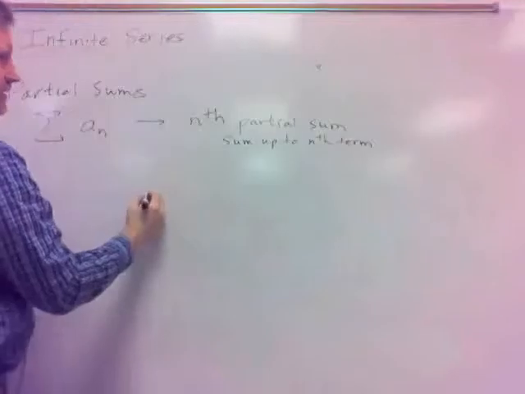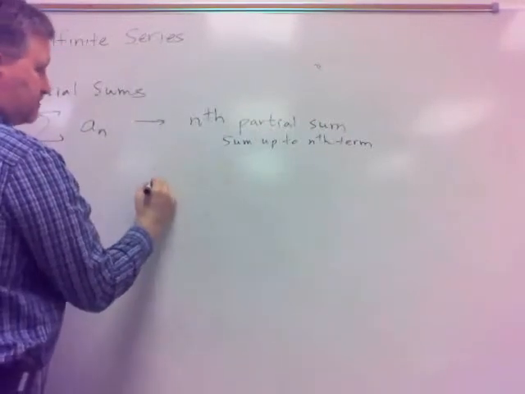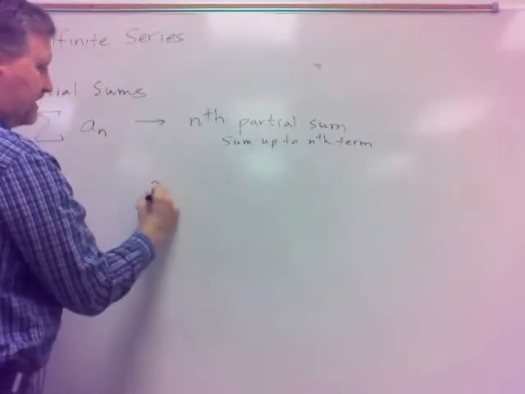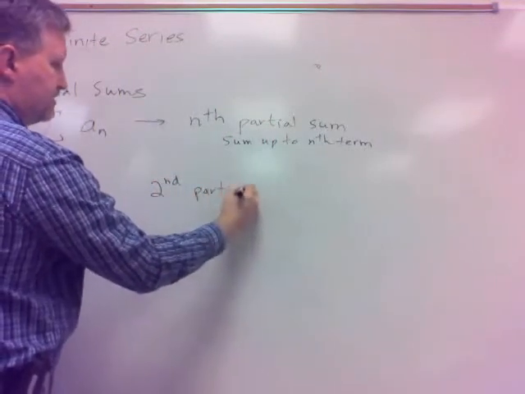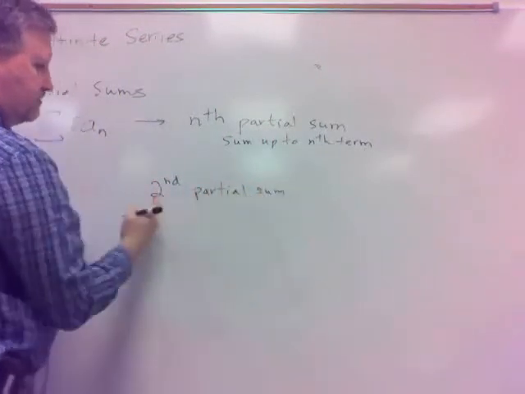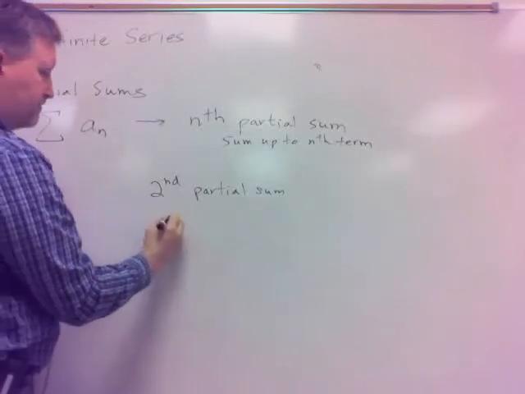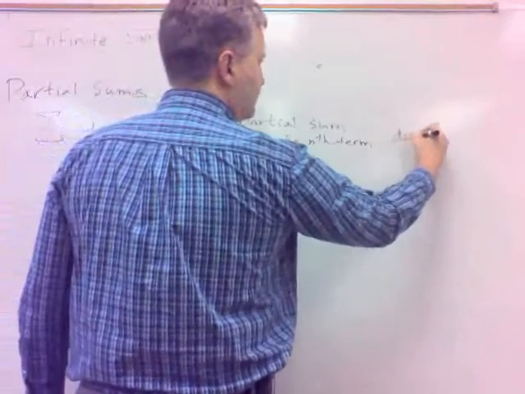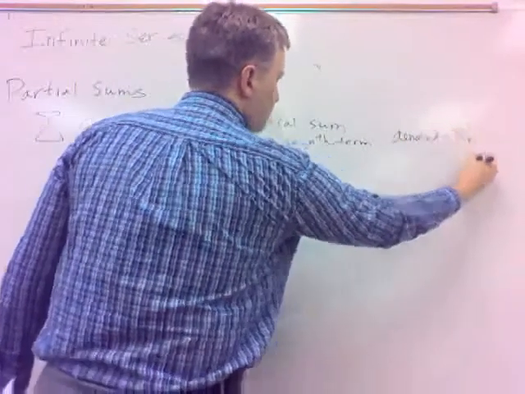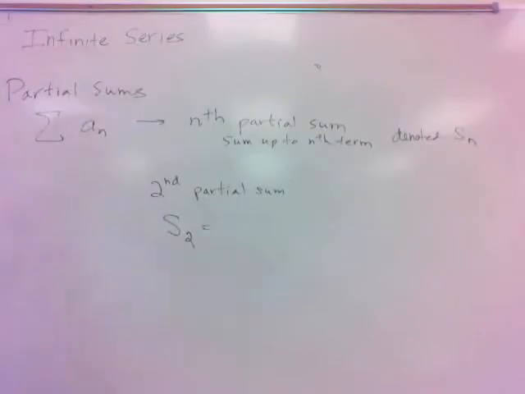All right, so let's just start with a small one here. The second partial sum for this series would be the sum of the series up to the second term, and it's denoted S sub n. So this would be S sub 2 equals, what would the second partial sum be?